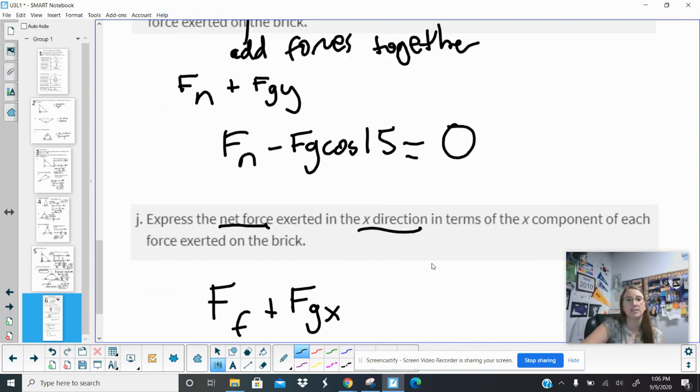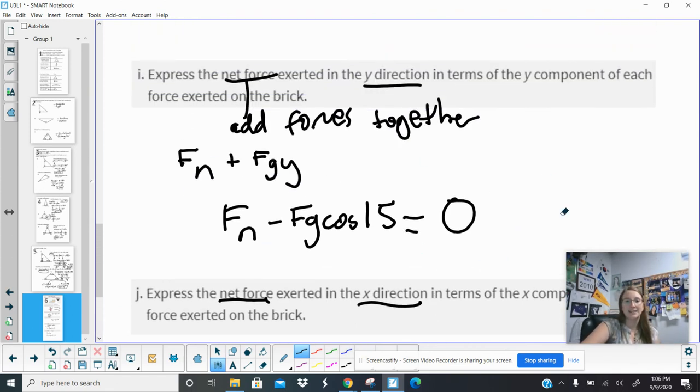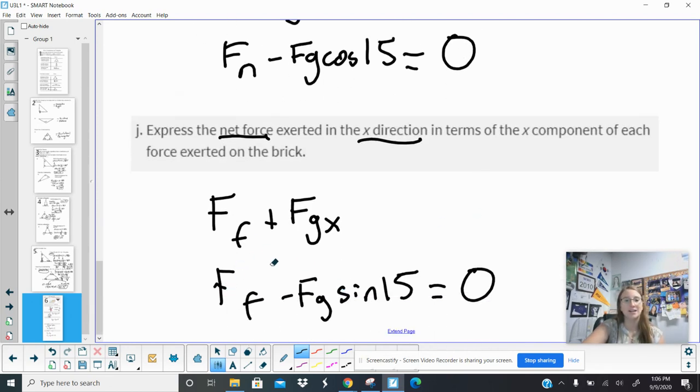So because this brick is in equilibrium and it's lying on a surface, the y directions add to 0 because it's on a surface. If you're on a surface, the y directions will always add to 0. But the x directions also add to 0 because it's not moving. They're equal but opposite in direction forces. So tomorrow we're going to do a bit more practice with this using actual numbers.